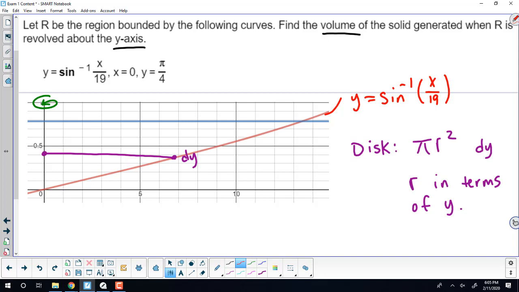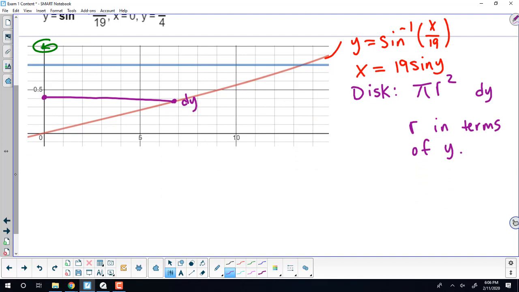So we solve for x. What do we have? 19 sine y. So that's what our right function is. Our left function, of course, is 0. So a radius of 19 sine y.